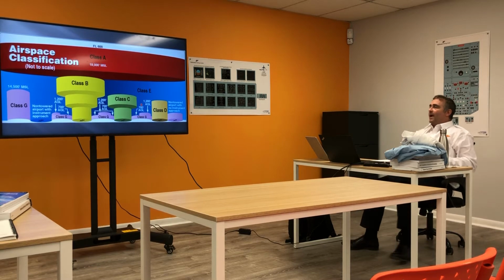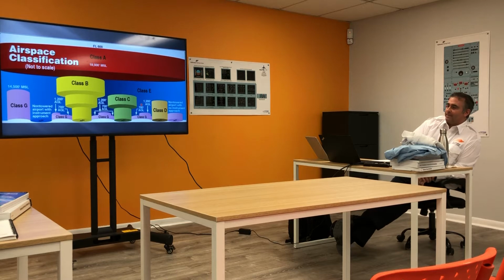Class Charlie, usually 20 nautical miles all the way across, 4,000 feet from the surface to the top. The shelf area is from 1,200 to 4,000 feet. That core area is a 10 nautical mile diameter. So 10 here and 20 there. And these are almost all the same.